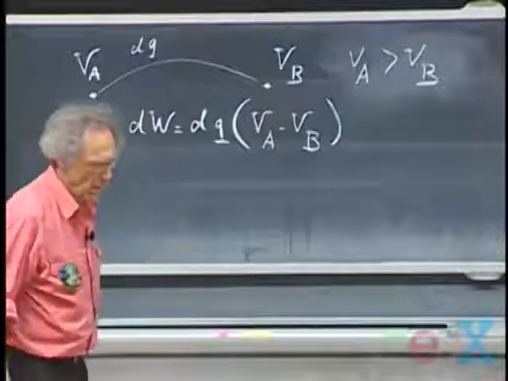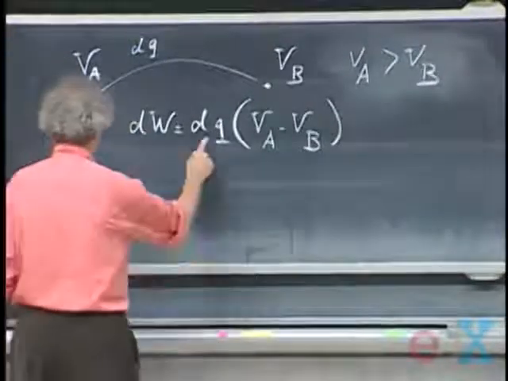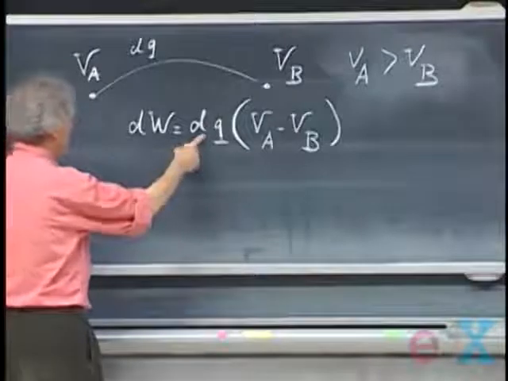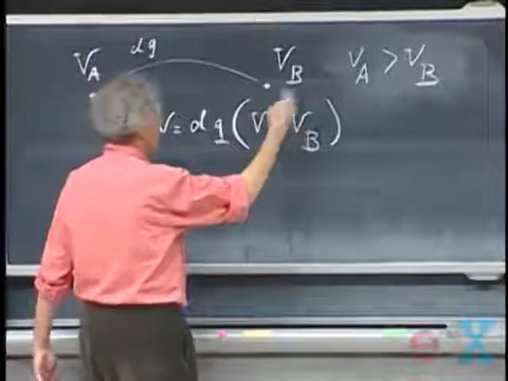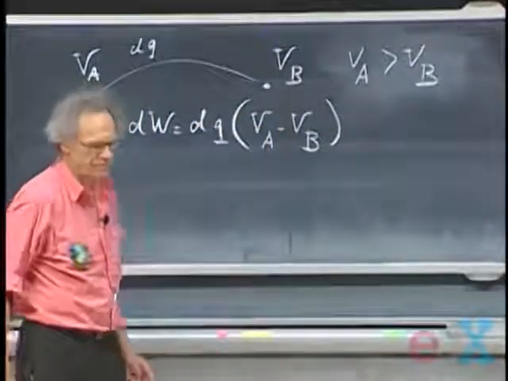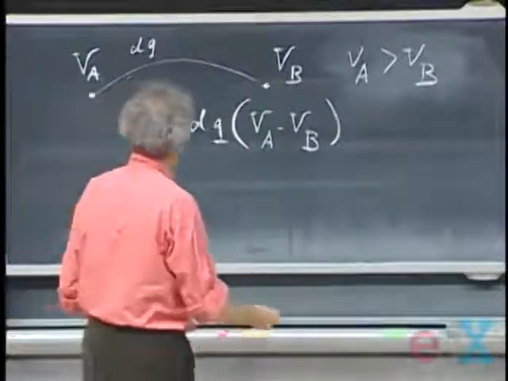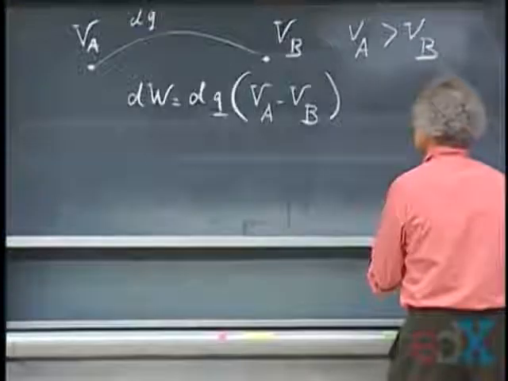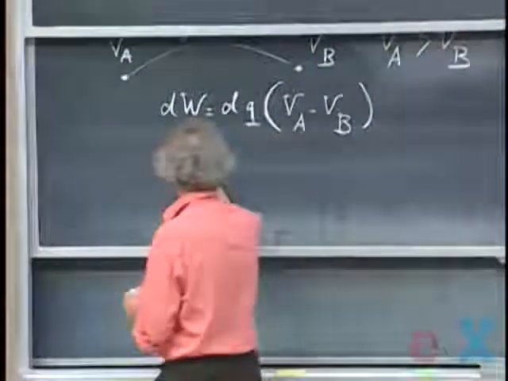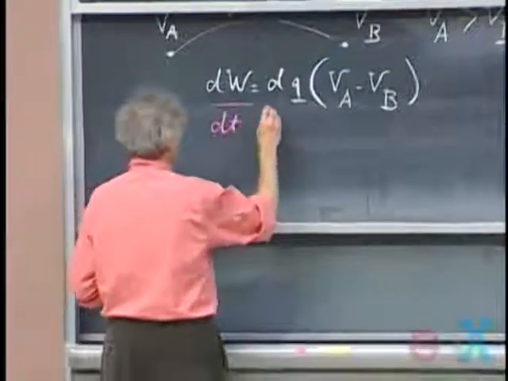This work can be positive if the charge is positive, could be negative if the charge is negative, because we have assumed that this is positive in this case. I can now do something that you shouldn't tell your math teachers, but physicists do it all the time. We divide by dt.